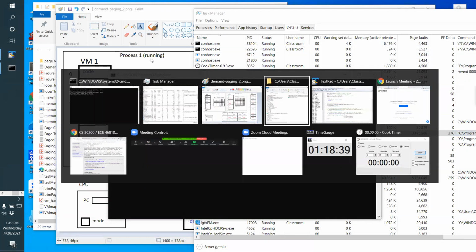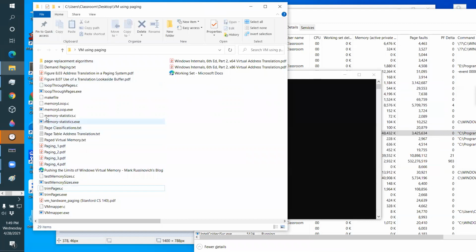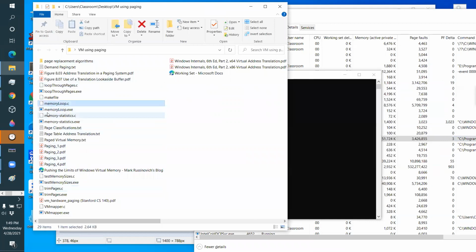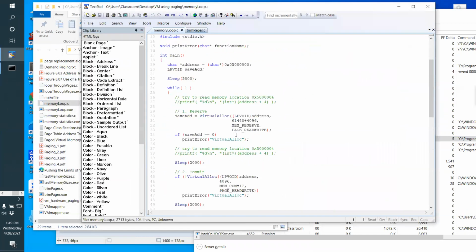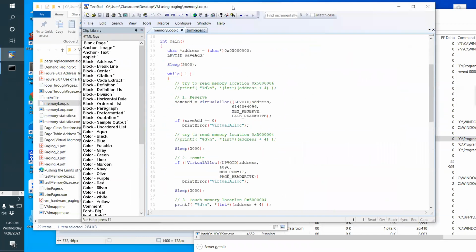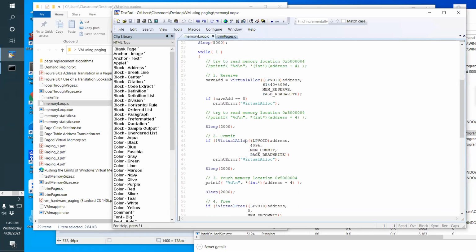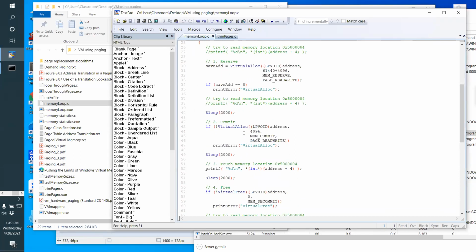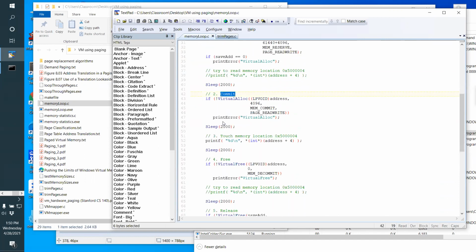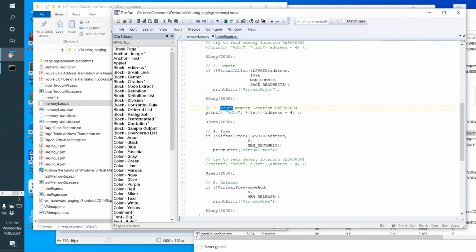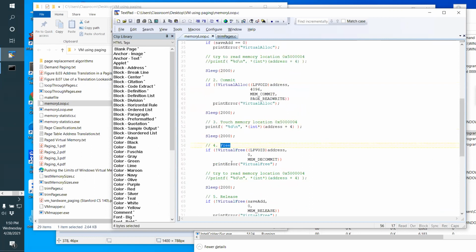Another program that's in this folder is this program called Memory Loop. Memory Loop is a lot like your homework assignment. Memory Loop is in a loop where it allocates and deallocates memory. So see, it reserves memory, commits the memory, touches the memory, frees the memory, and then it does that all over again.